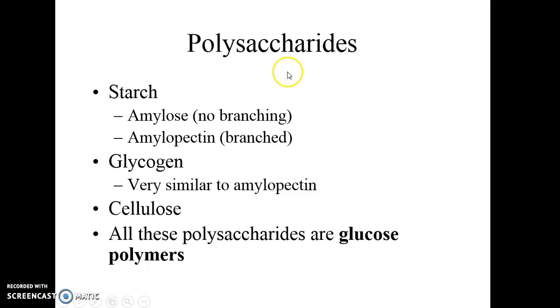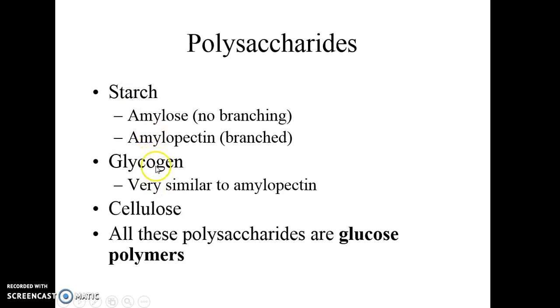All of the plain polysaccharides have the same monomer, glucose. So starch is many, many glucose all attached to each other in a big long chain. Amylopectin is just like amylose, but it has branches on the big long chain. And then glycogen is very similar to amylopectin.